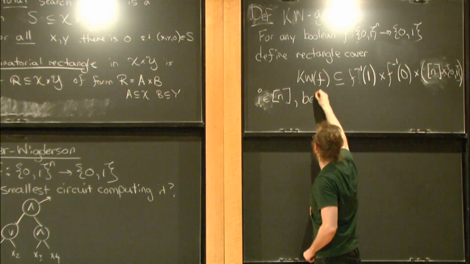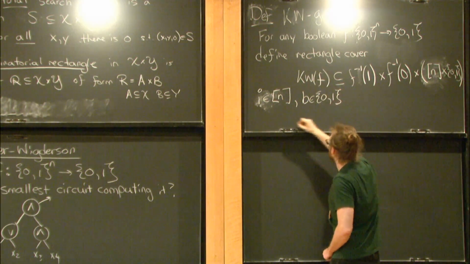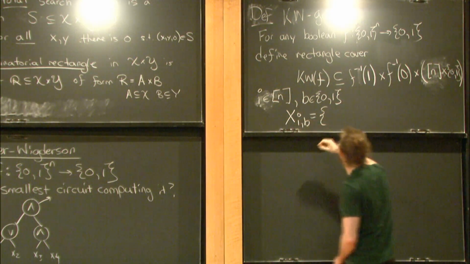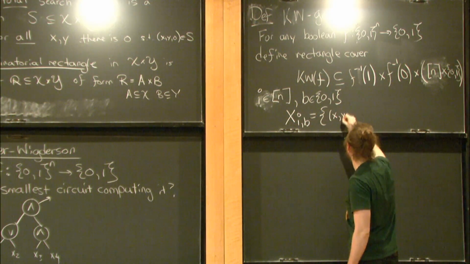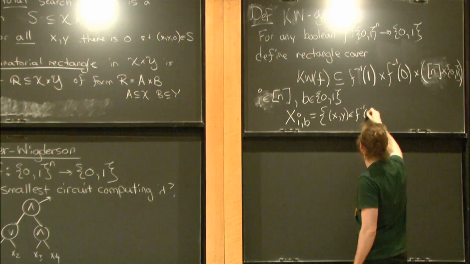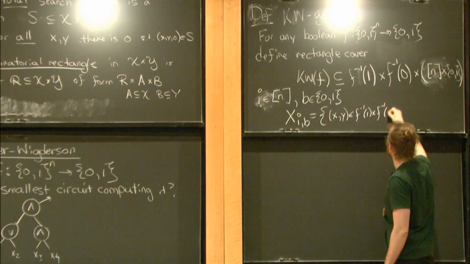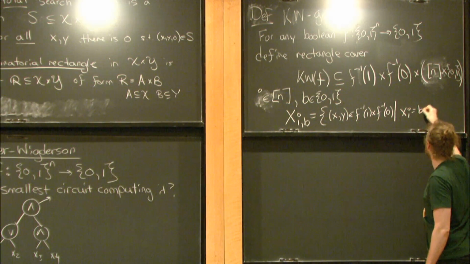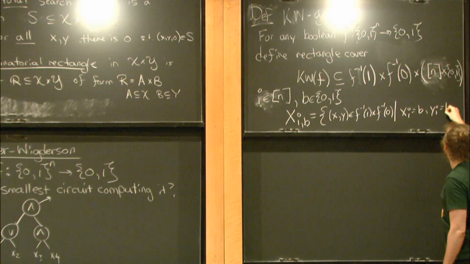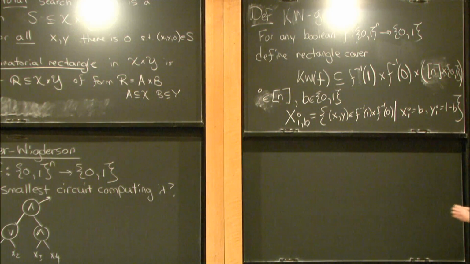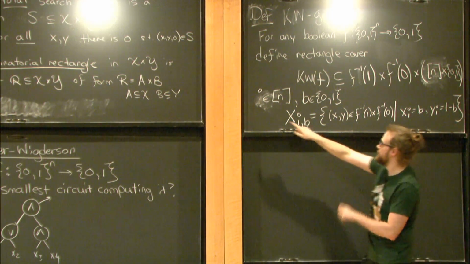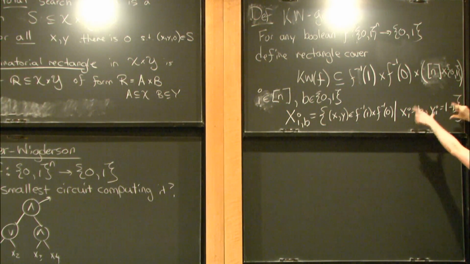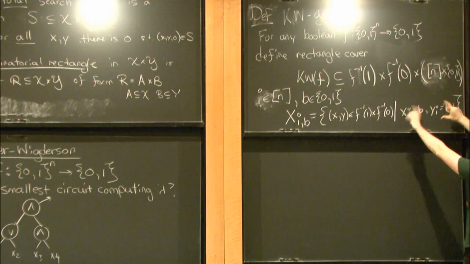And for any bit b in {0,1}, we can define X_{i,b} to be the set of all pairs (x,y), which are 1s or 0s of the function respectively, such that x_i is b and y_i is 1 minus b. So for each input and each assignment to the input, we have all the pairs which that input and that bit distinguish.